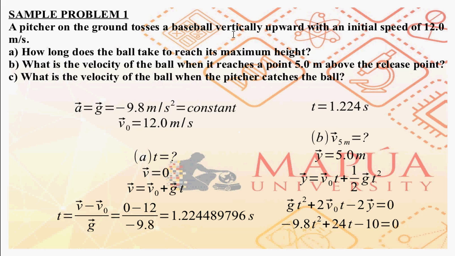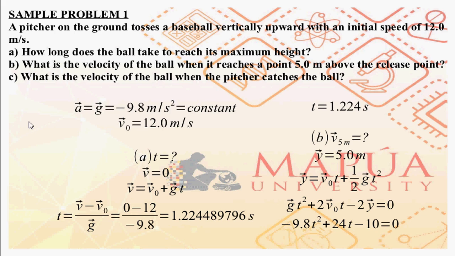The baseball is thrown vertically upward, and upward means the object is heading towards positive y. The initial velocity is positive 12 meters per second. And based on this information, you are asked for three things, letters A, B, and C.